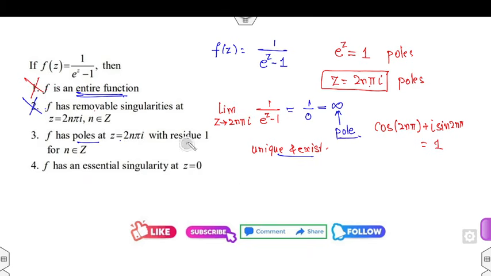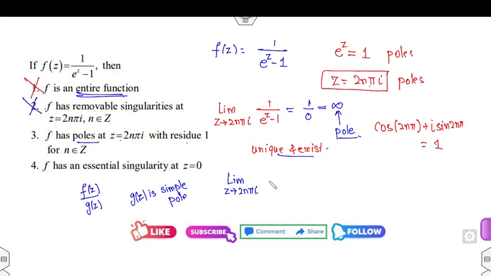Can you find the residue? So how can you find the residue? That means limit z approaches 2 n pi iota. Okay, if you have the function f z over g z and g z is my simple pole, in this case also you can see this is a single pole.